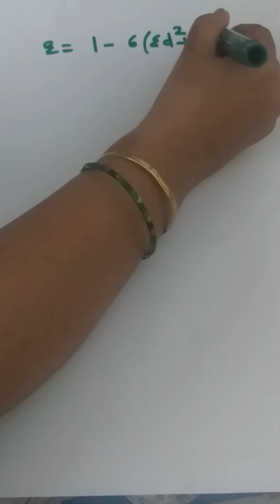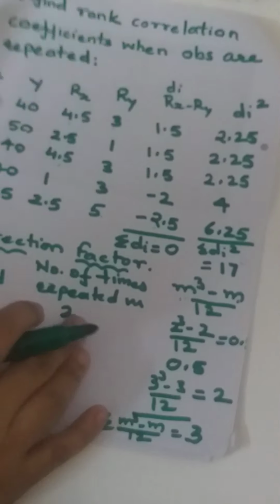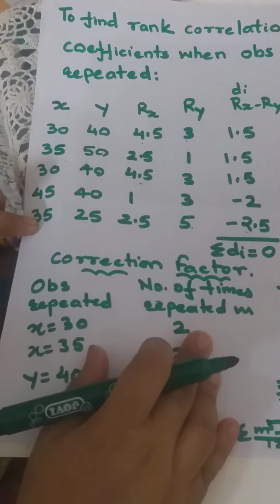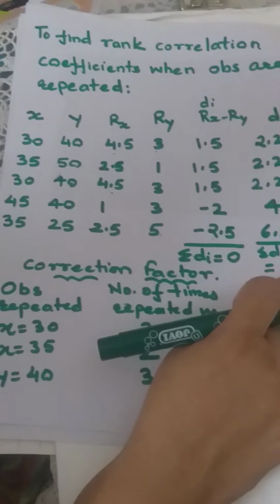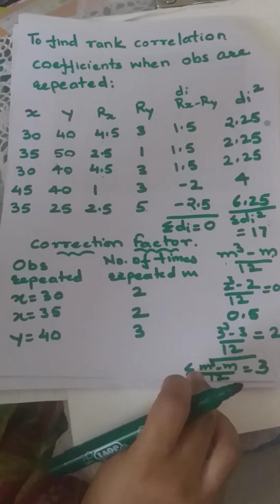The r value can be found out by the formula, and that formula we have studied in the last class as 1 minus 6 bracket summation d square plus cf upon n into n square minus 1. Right? From the table you can see here n was 5, summation di square is 17, and summation m cube minus m upon 12 comes out to be 3.